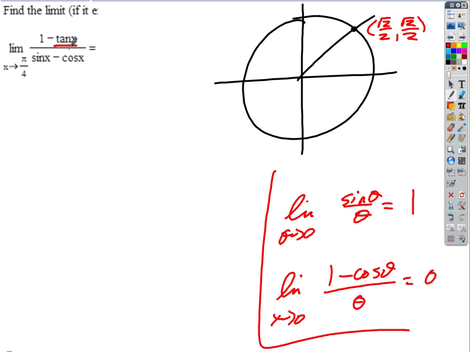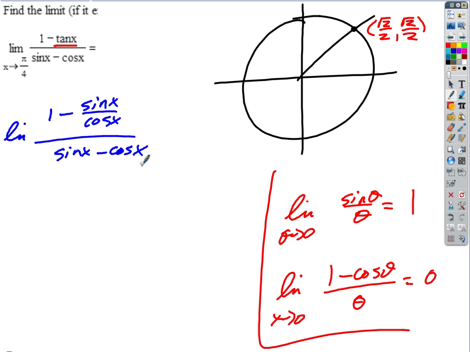So if we rewrite this in terms of sines and cosines, always a good idea, what do we get? Well, on the top I get 1 minus sine x over cosine x, over sine x minus cosine x.